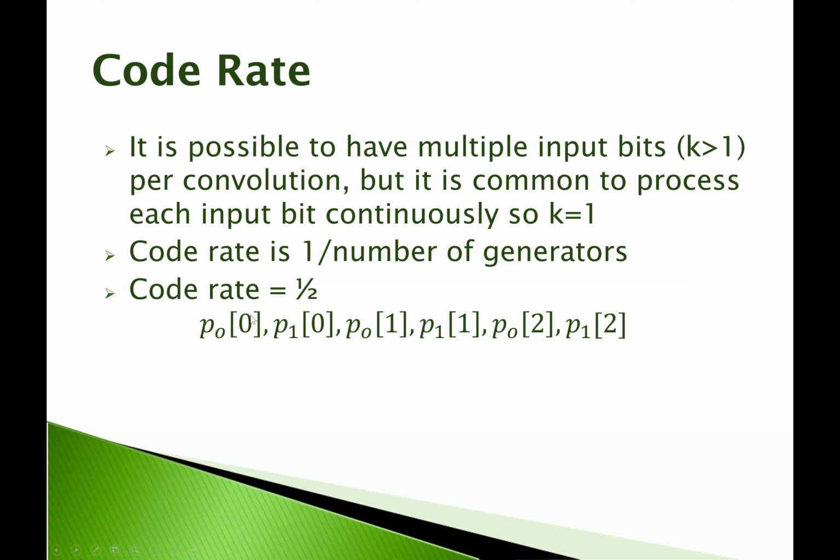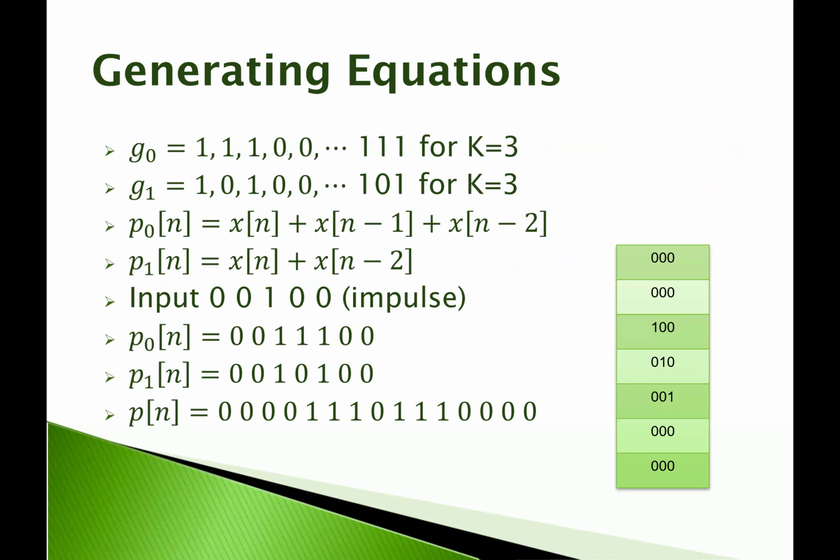Then the other generator produces p sub 1 at time n equals 0, and then we go to the next input bit. Now n is equal to 1, and we calculate an output p0 and then p1, and so these are interleaved as time goes on.